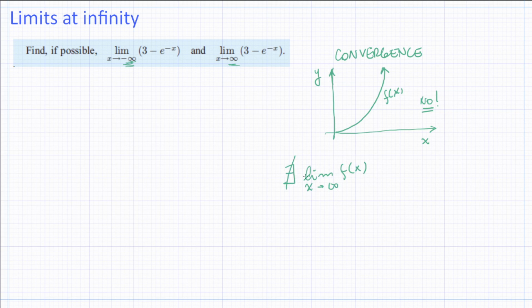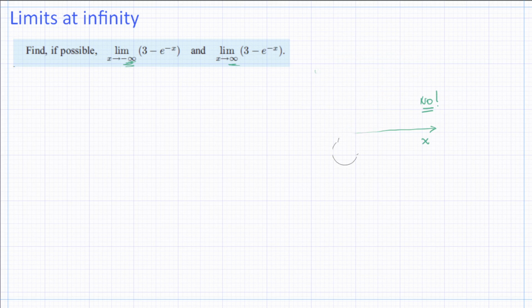Okay, so it doesn't exist. This limit does not exist. If it approaches a certain value, then it will exist. So given that, now let's observe this question. So we've got two limits of the same function, but approaching different infinities. So let's observe this first one.